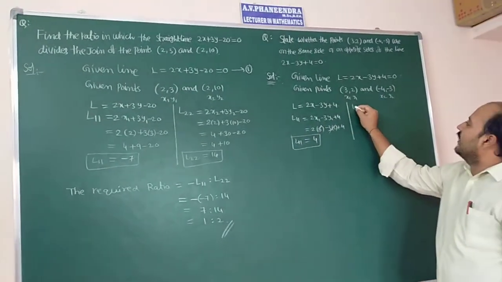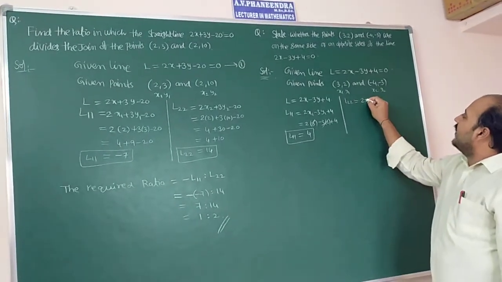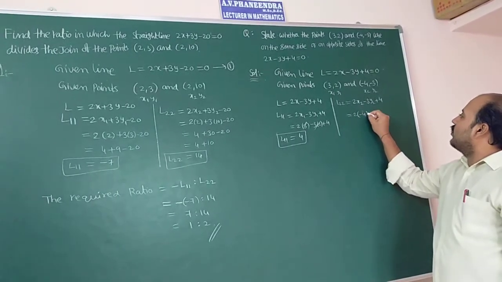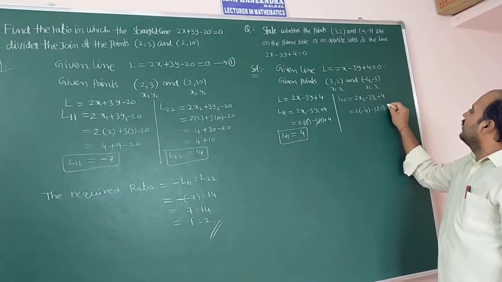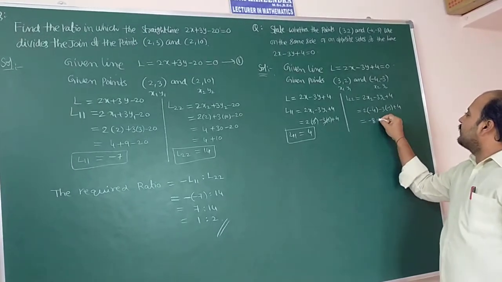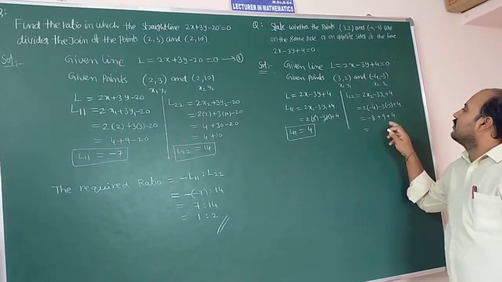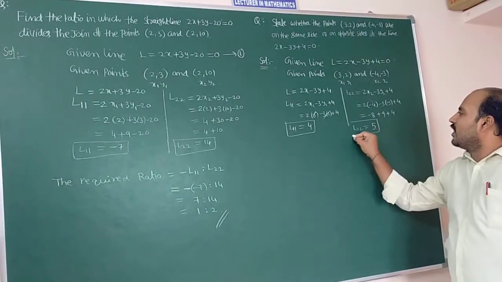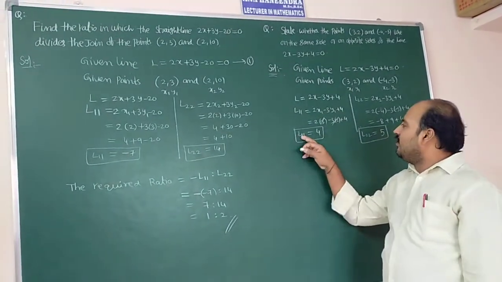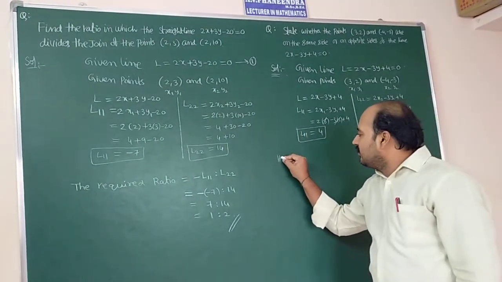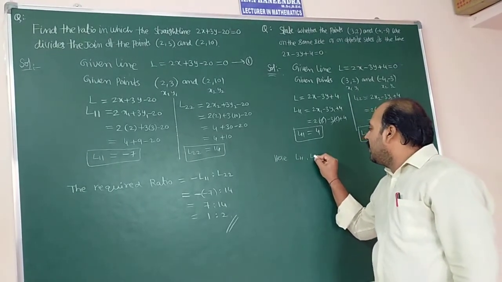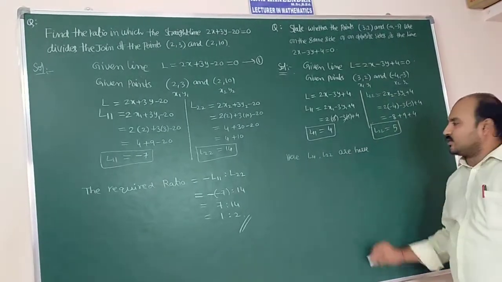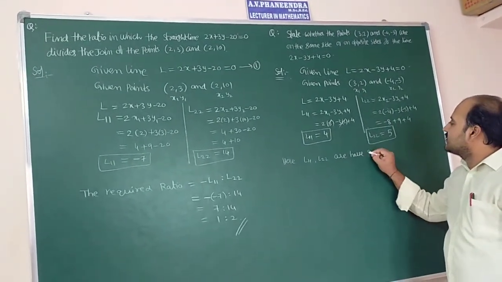Next, L22 is equal to 2x2 minus 3y2 plus 4. 2 into minus 4, minus 3 into minus 3, plus 4. So minus 8 plus 9 plus 4. 9 plus 4 is 13. 13 minus 8 is 5. So L22 is 5. By observing the values of L11 and L22, both have the same sign, both are positive, greater than zero.